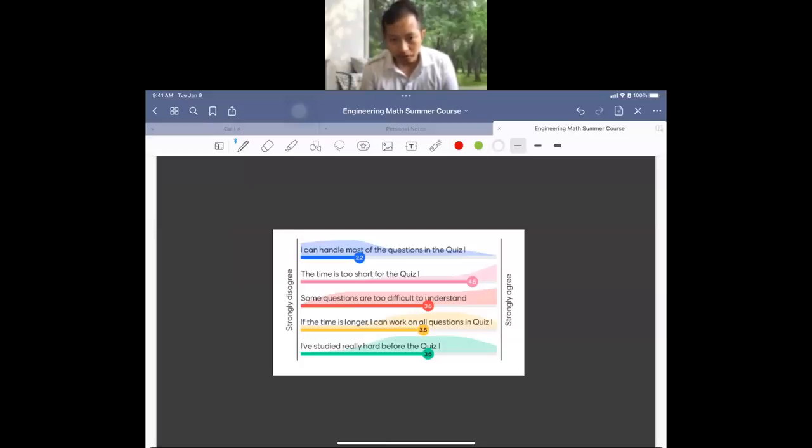If the time is longer, I can work on all questions. Sometimes longer or shorter doesn't really matter if you don't understand the question, right? If you are working on a question that needs really long computations, then you need longer time to solve it. But if the question itself is too difficult, then you need to understand the question first, before trying to compute.